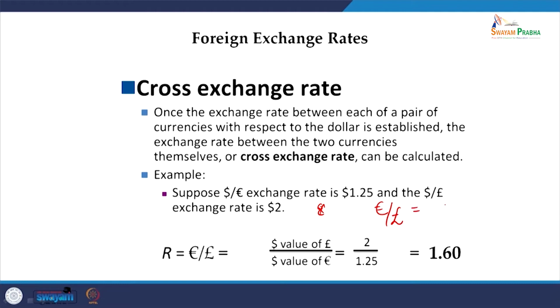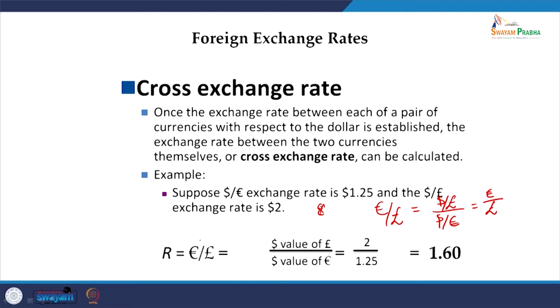Now, we already know the exchange rate of pound sterling is dollar upon pound divided by dollar upon euro. Now, we want euro in the numerator, so dollar cancels, and it will be equal to euro divided by pound, is it not?